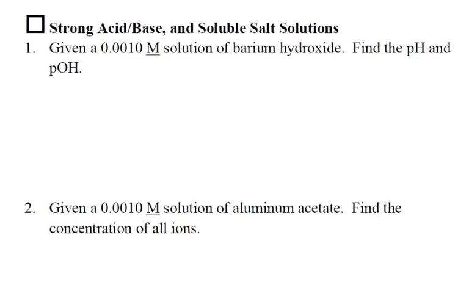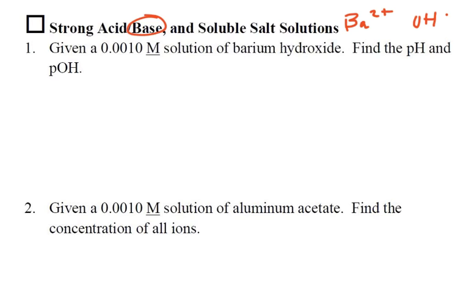So first problem, if we were given a solution of barium hydroxide, find the pH and pOH. So the first step would be to say, okay, we know barium is Ba2+, and we know that hydroxide is OH-. So that tells us a couple things. First, it's a base.